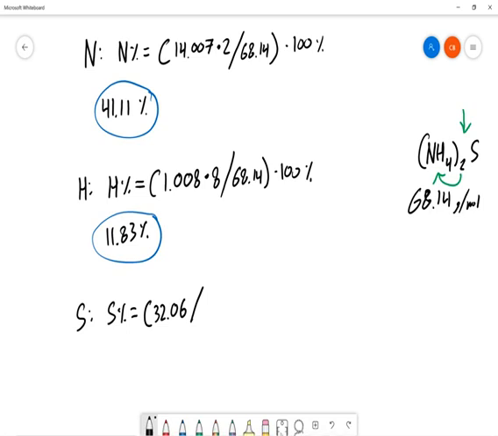Times 1, right? 32.06, the mass times 1, we only have 1 sulfur, divided by the mass of our entire compound, times 100%, and the percentage that we get is 47.05%. That's what I got. 47.05. All right.